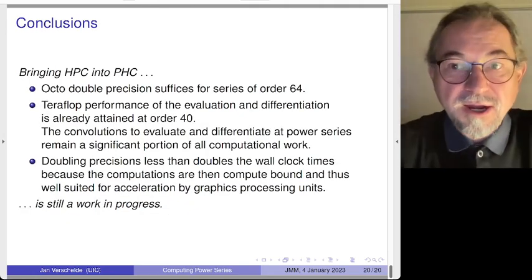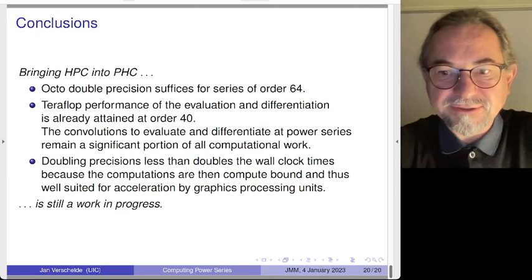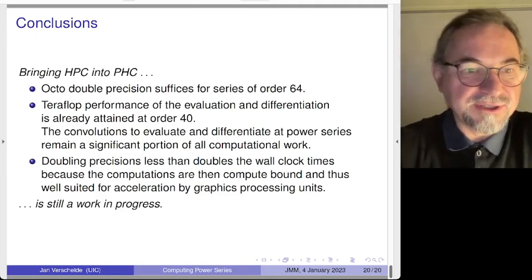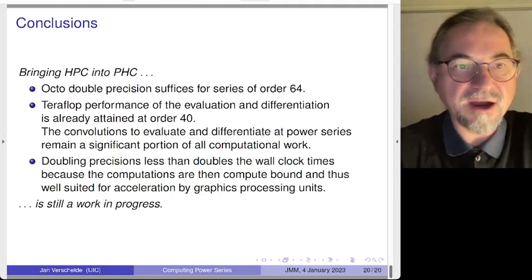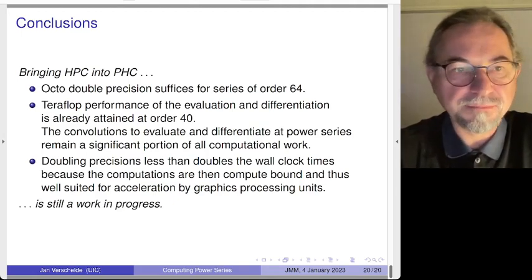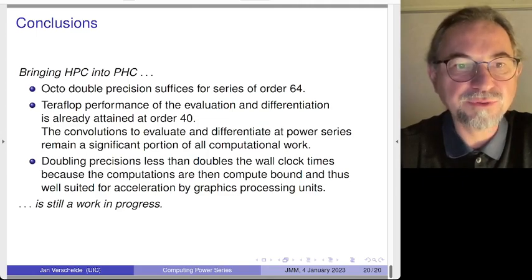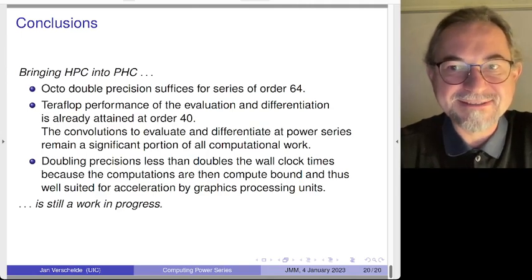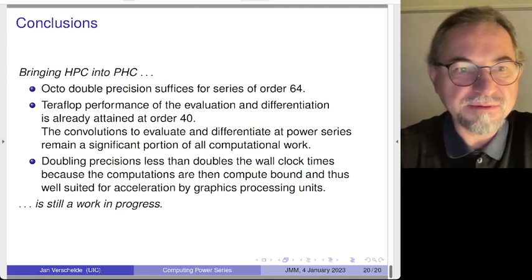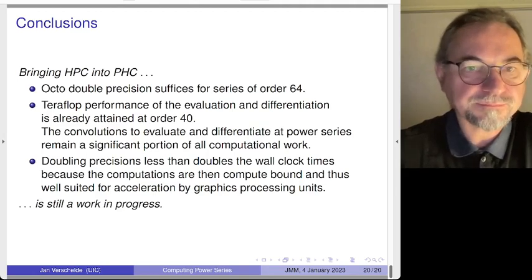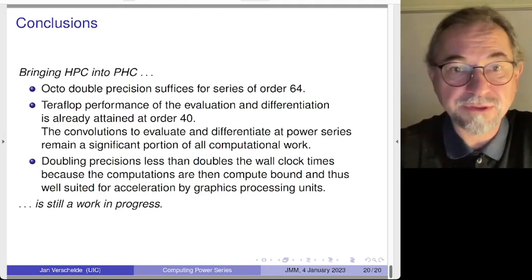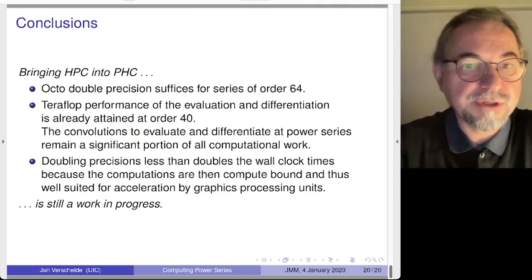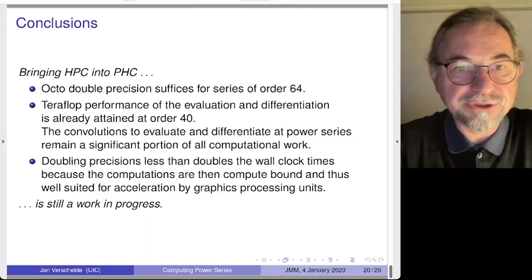Okay, I'm running out of my budgeted time of 25 minutes, but still within the half hour. Bringing high performance computing into polynomial homotopy continuation is still something that is a work in progress. For polynomial homotopy continuation, and in particular to apply analytic continuation, we need multiple double precision.